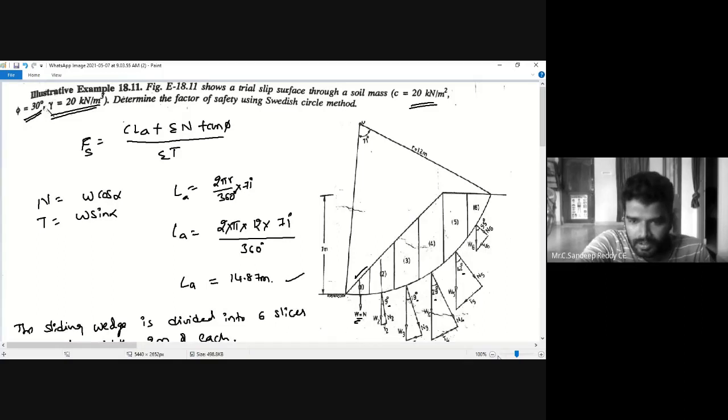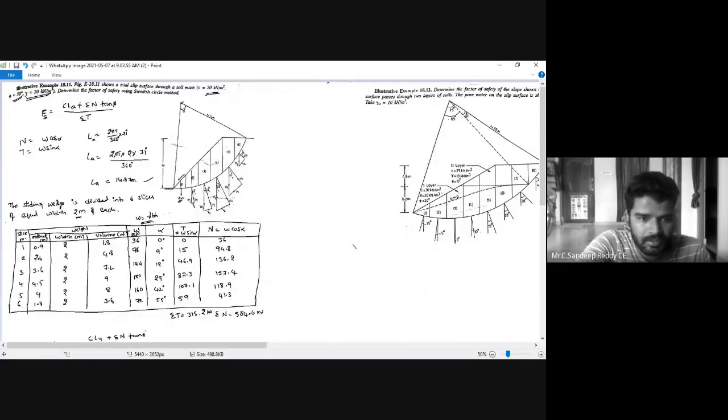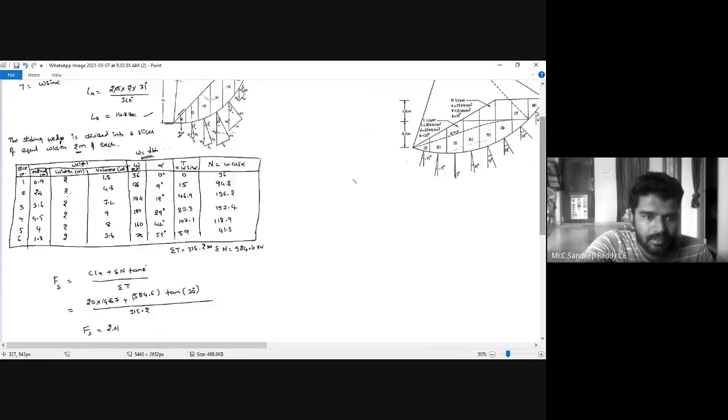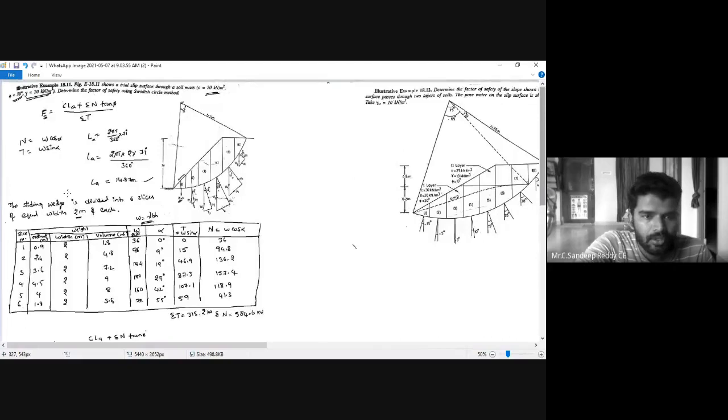So let you copy this solution. Okay, copy this solution. We'll go back to Bishop's method again.